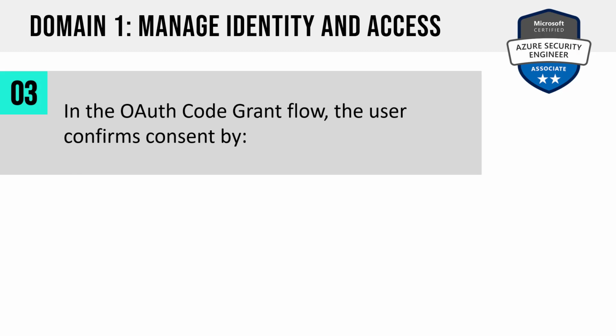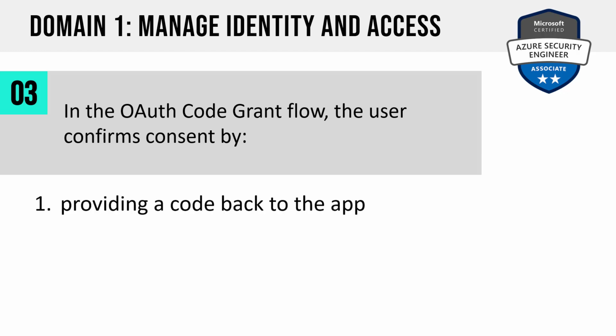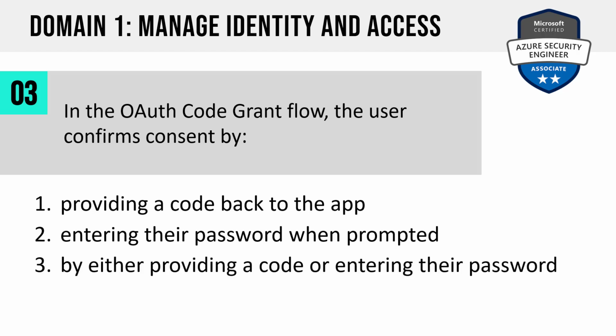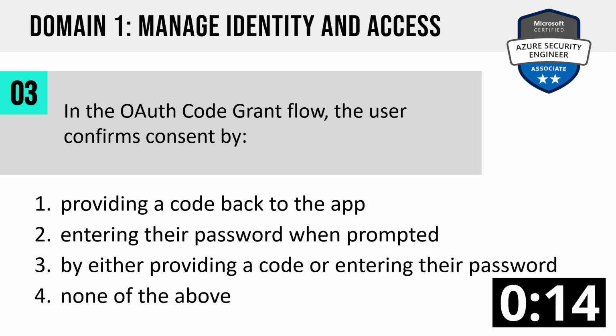Question 3. In the OAuth code grant flow, the user confirms consent by providing a code back to the app, entering their password when prompted, by either providing a code or entering their password, or none of the above.